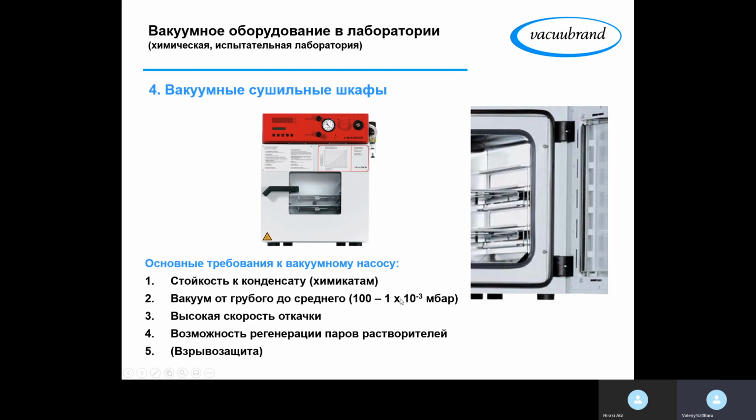Everything is static. So we can go down to 10 to the minus 3 millibars, and thanks to that we can reach a higher level of dryness, and that is why we need a higher vacuum pump.